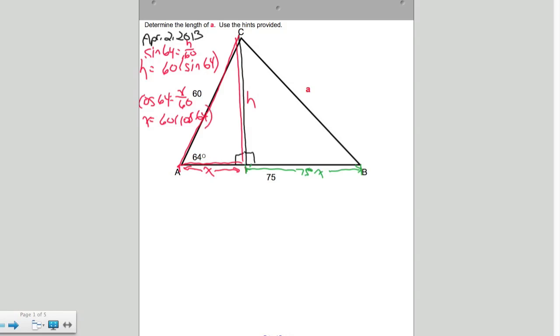Write this down as we go along so that you're seeing the connections that we're making. Plus, the handwriting looks awful. That's what you did? Good. So we have two things here, right? H is equal to 60 times the sine of 64, and X is equal to 60 times the cos of 64.